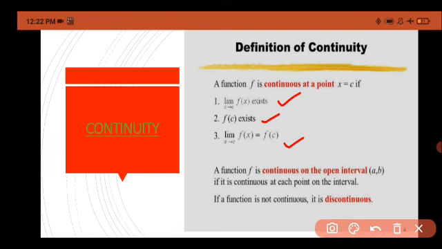If these three things are happening, then only we can say the function f is continuous on the open interval (a, b), if it is continuous at each point on the interval (a, b). If a function is not continuous, obviously it is discontinuous.